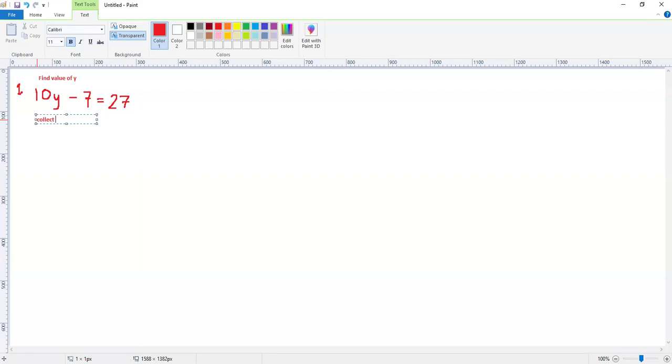Now, what are we going to do to both sides so that 27 and 7 will be together? Remember, what's the sign on 7? Minus. Good. It's minus, correct. So what are we going to do to both sides? Subtract 7.